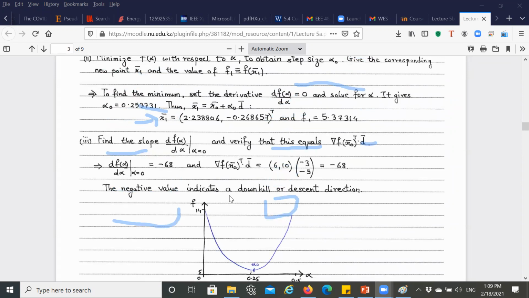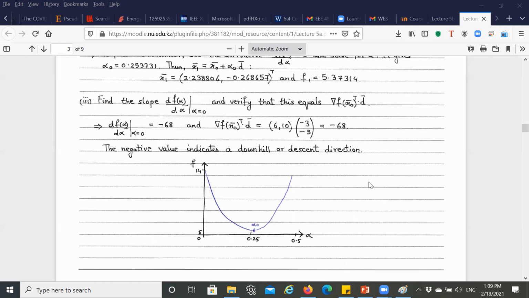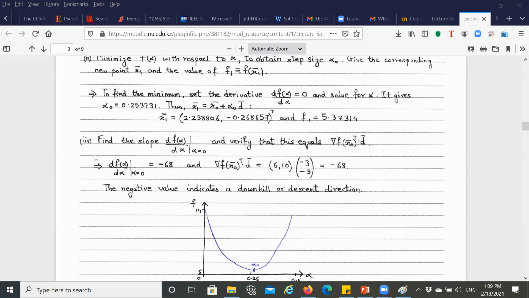This means that, what does it mean? Can anyone tell me? How is it that these two are the same?